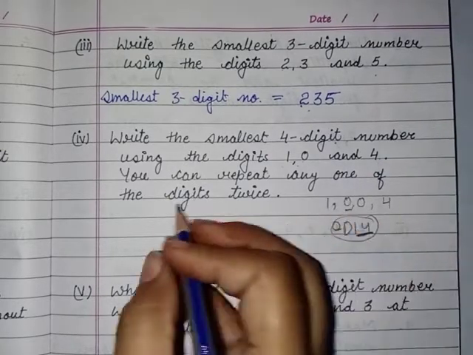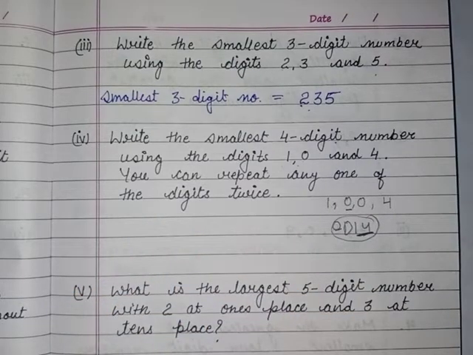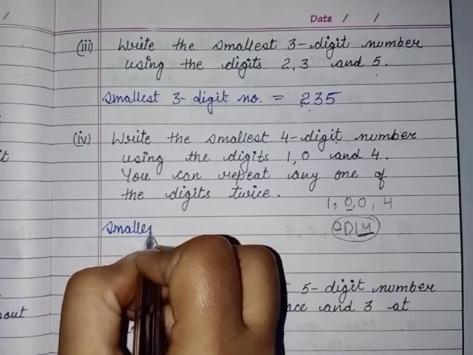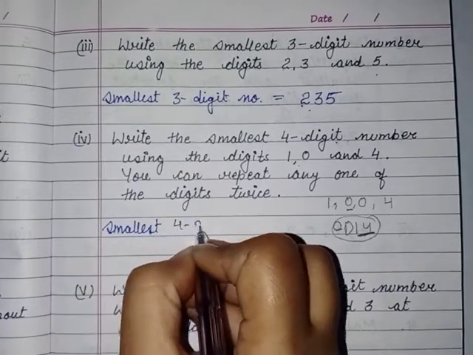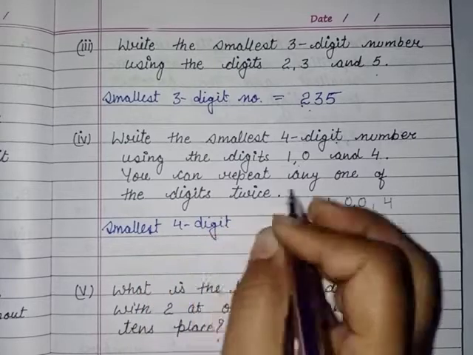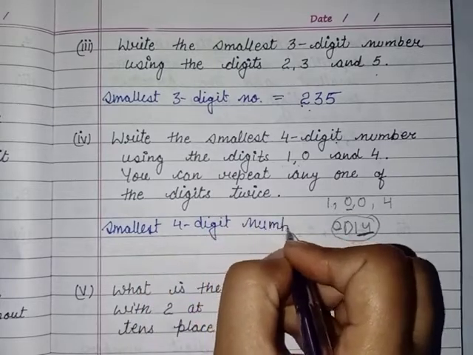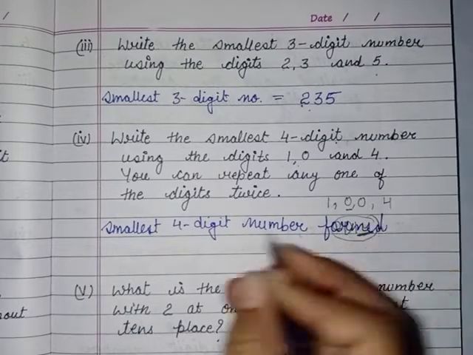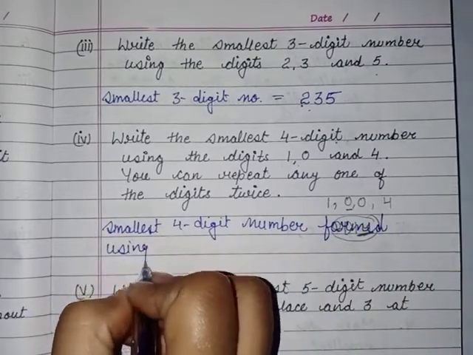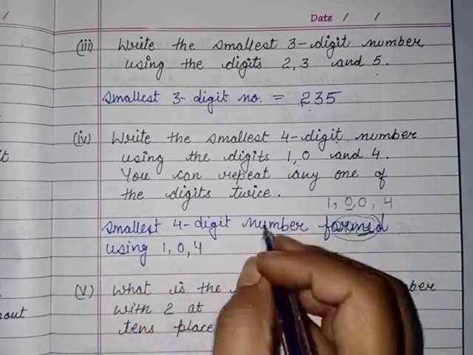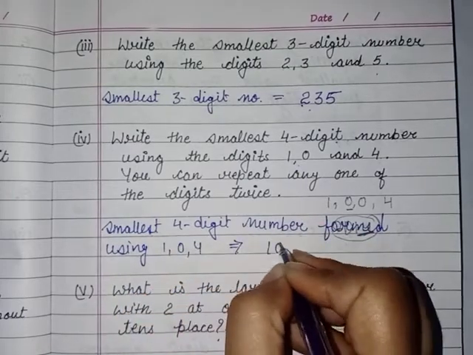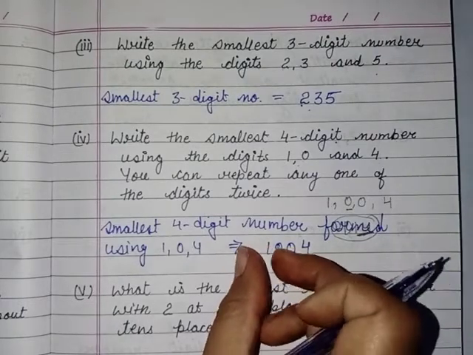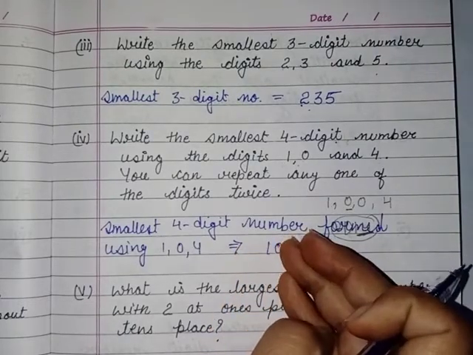So we will put 1 at the start. So the smallest four-digit number formed using these digits is 104. Okay, you cannot put zero at the start, so we are putting it after 1.